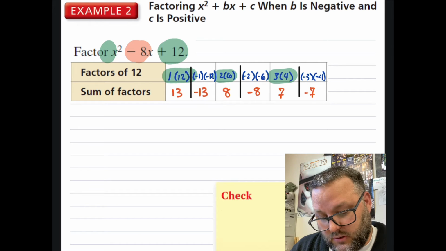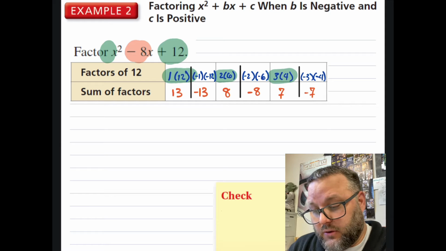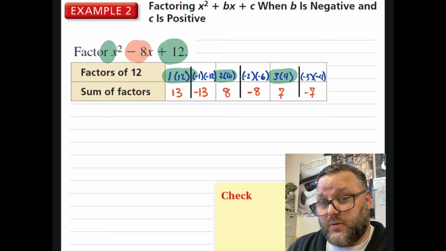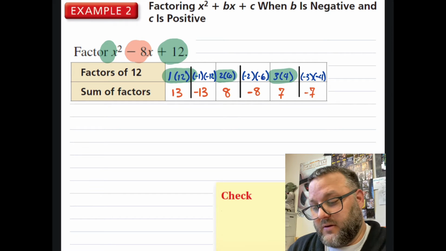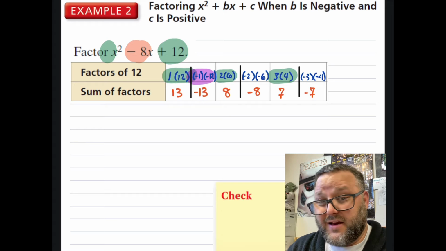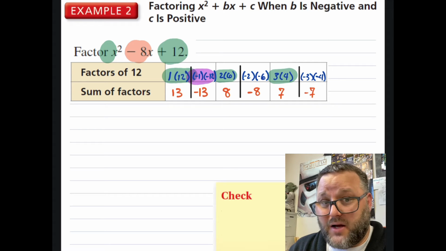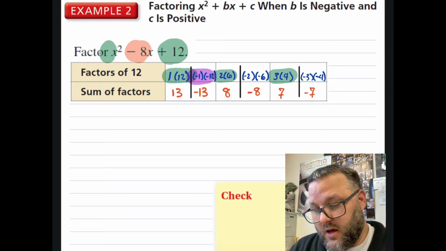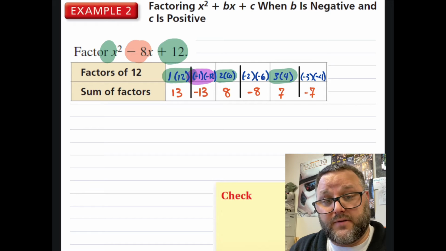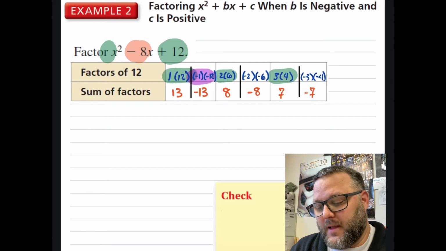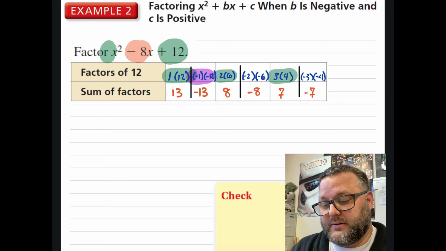So what we've got to look at doing is look for a match where a negative 1 and a negative 12, does it equal negative 8 when we add them? Because negative 1 times negative 12 is a positive 12, so we meet our check on whether or not we're using a positive 12 for the product. But we fail the check to see if the sum of those factors is negative 8.